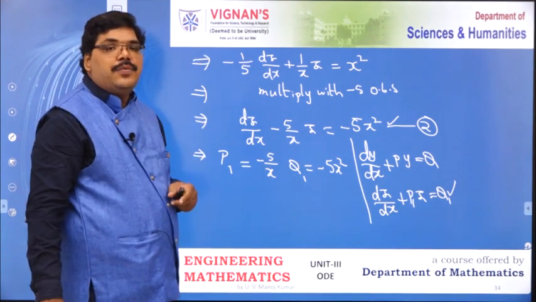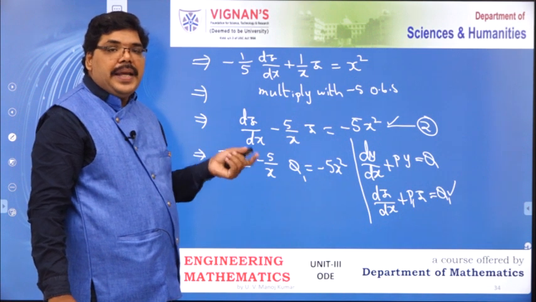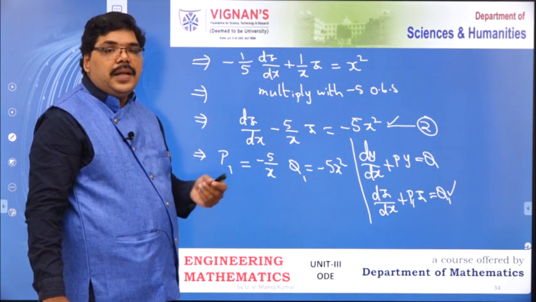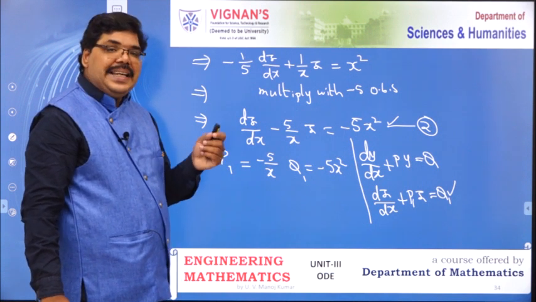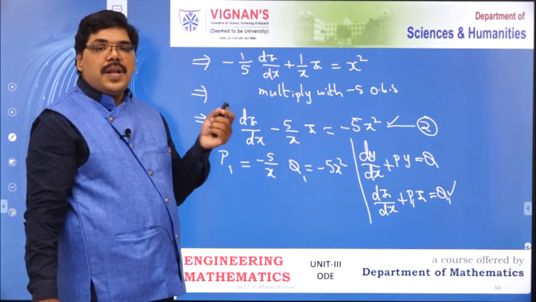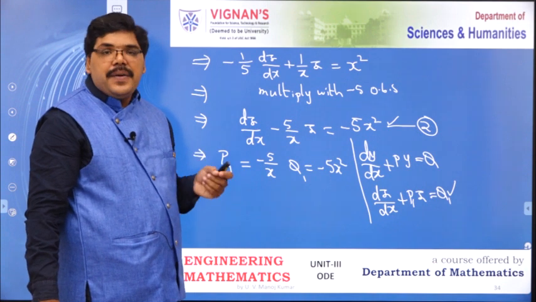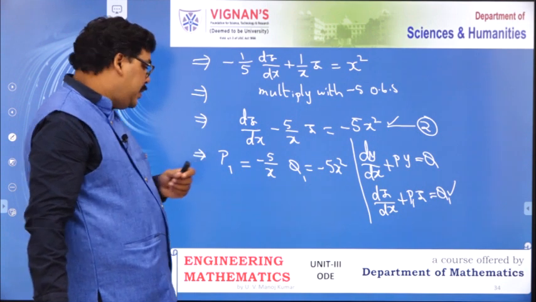So what do we have to do in linear form? After comparing and after writing p and q, first we have to evaluate the integrating factor. What is the formula for the integrating factor? E power integral p dx.